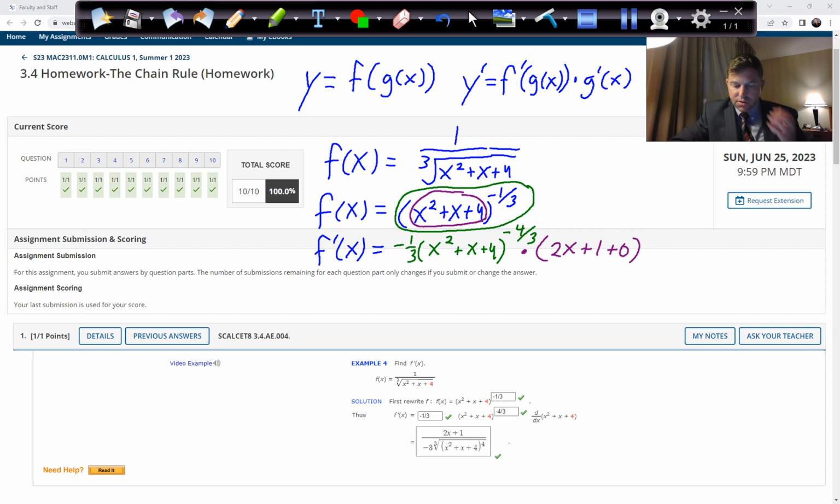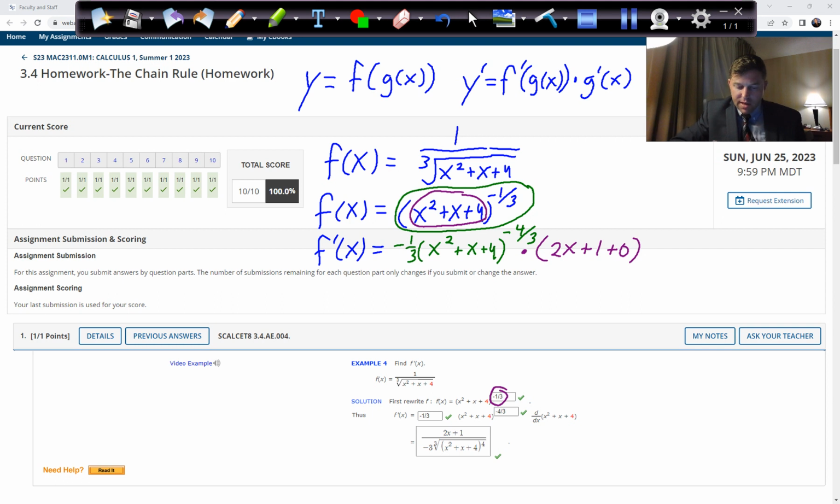So we're calling those derivative rules. X to the 2, bring the 2 down, subtract 1 from the power. 1x is just 1, and then constants go to 0. So what they have shown down here is the first step we did. The first step we did was we wrote that as a negative 1/3 power.